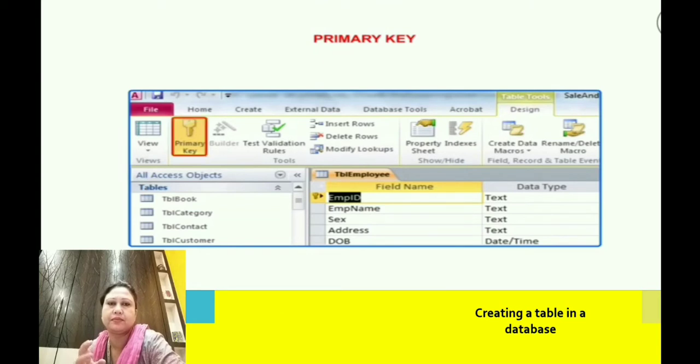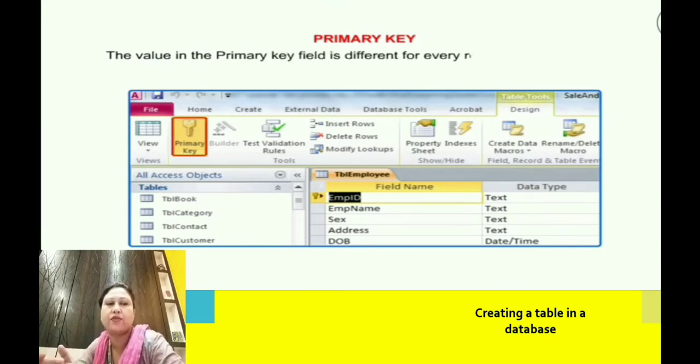A table can have only one primary key. A particular table cannot have two primary keys, it can only have one. And the value in a primary key field cannot have null values, and is different from every other record.